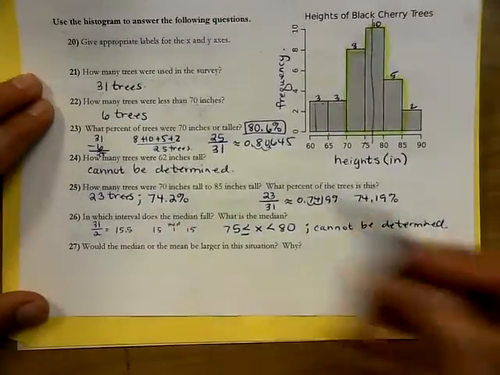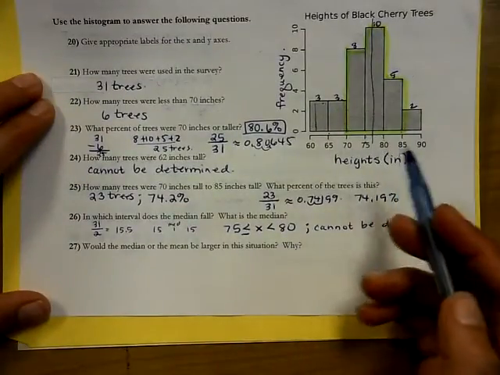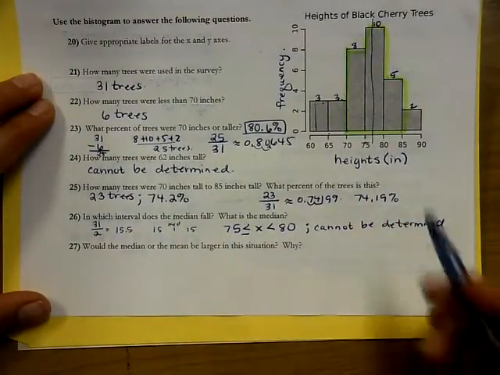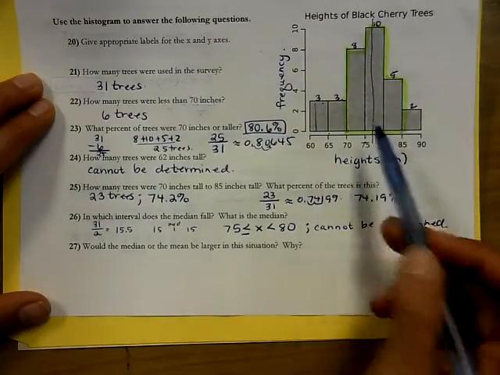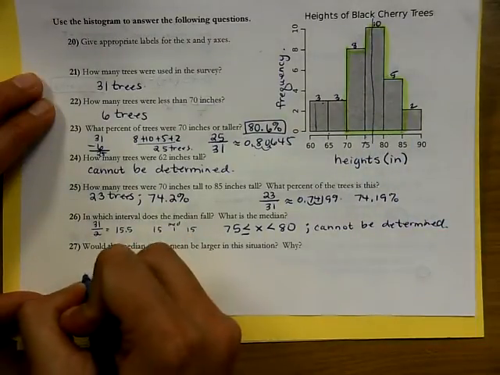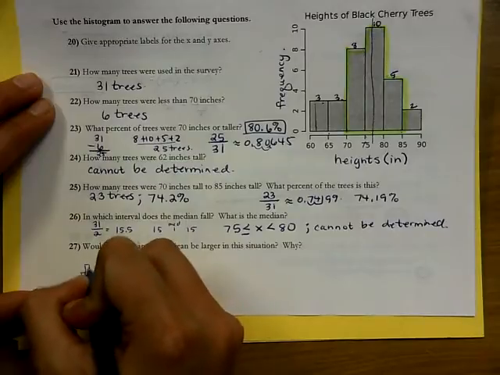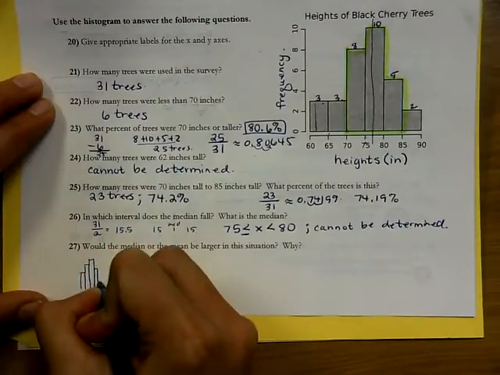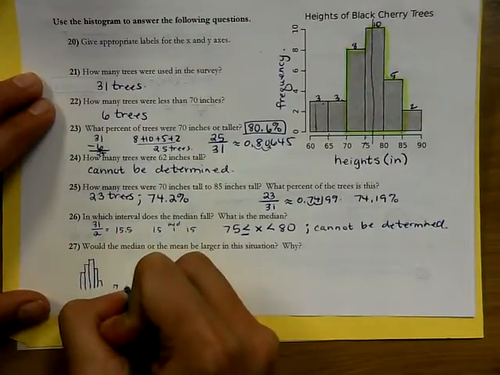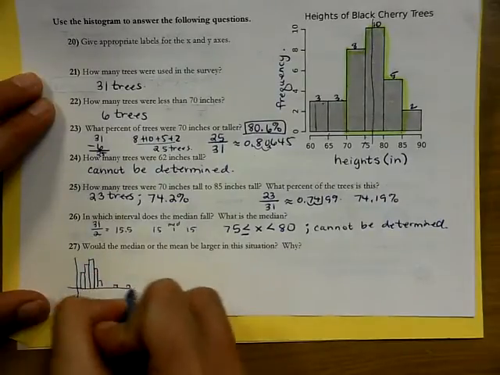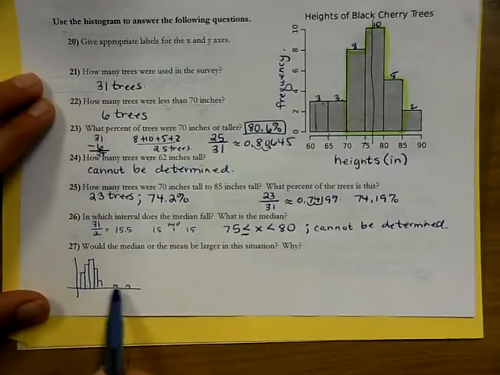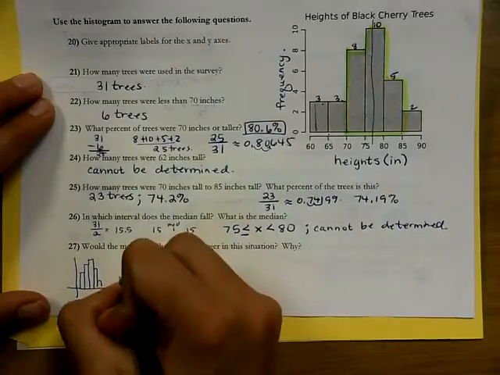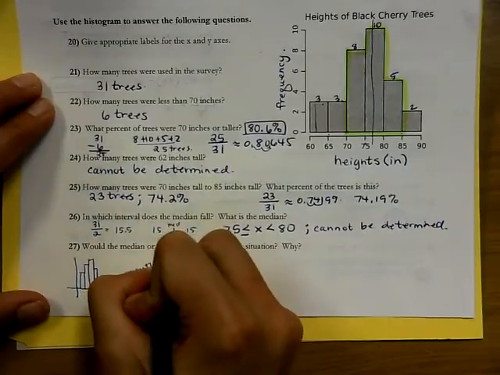So let's talk about this. For this one, I don't think we can necessarily determine based on the intervals and the graphs, but I do want to say when you have a histogram that looks like this, we say that it is skewed to the right. These little guys are outliers.